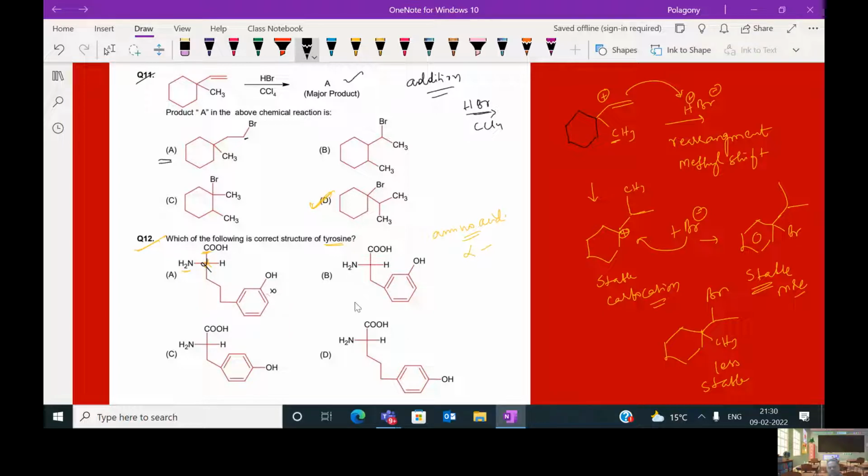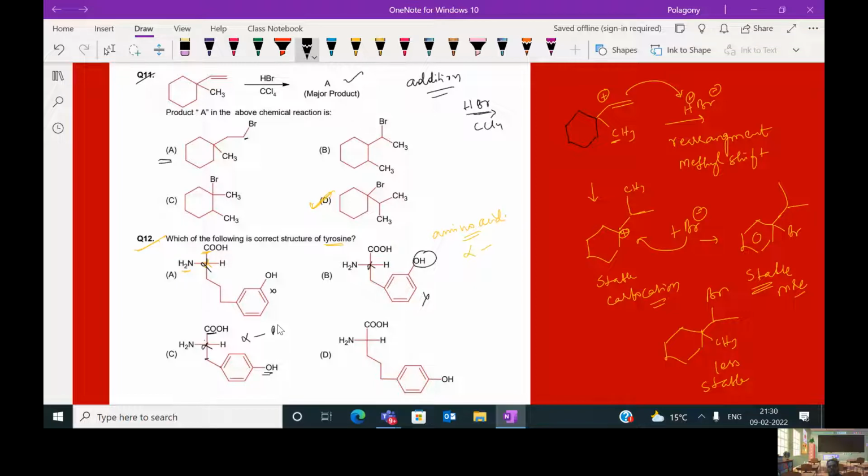So this is wrong, because the phenyl ring should be connected to the alpha carbon. Here is the alpha carbon, but the OH group is present at the meta position. This is also wrong. And here you can see the OH group at the para position, and the carboxylic group and NH2 group are connected to the alpha carbon, so we call it tyrosine.